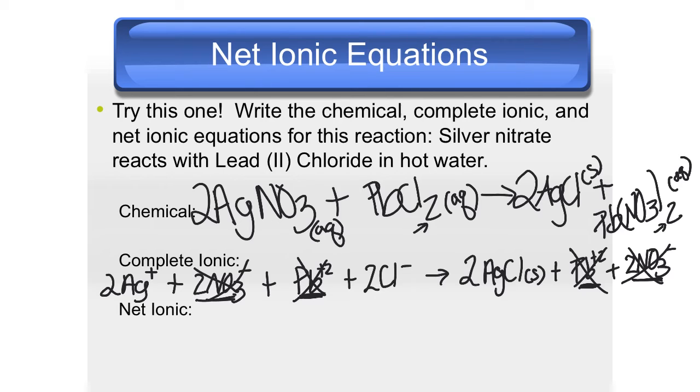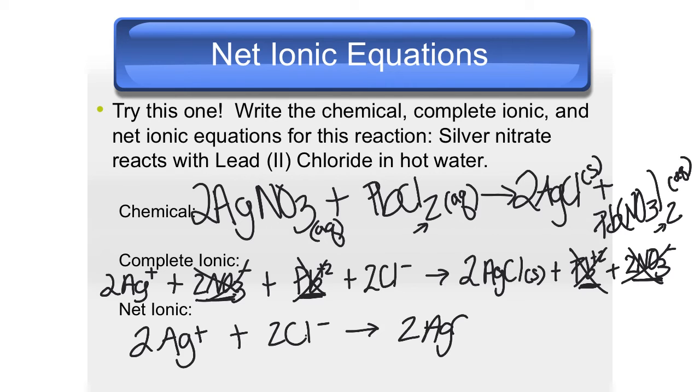To write the net ionic equation, we rewrite it without the spectators. It's really important that you have a charge on the ions, and for a substance that's a solid, gas, or liquid, make sure you don't break those up, and make sure you label those so you can see that it's not AQ.